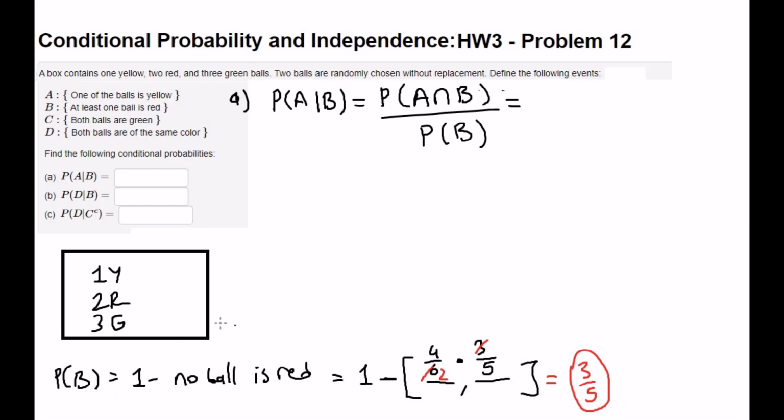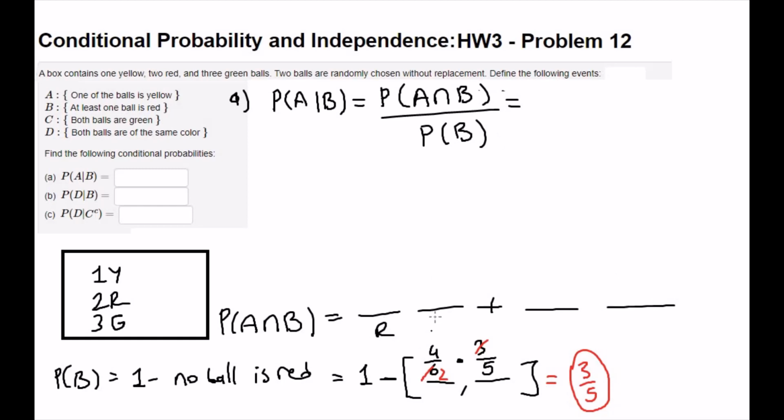Now let's compute probability of A intersect B. A intersect B says at least 1 ball is red and 1 of the balls is yellow. We need to consider A intersect B like the event that 1 ball is yellow and at least 1 ball is red. For this to happen, we either pick a red ball first and then yellow, or we first pick yellow and then red ball. So it's going to be either this or that.